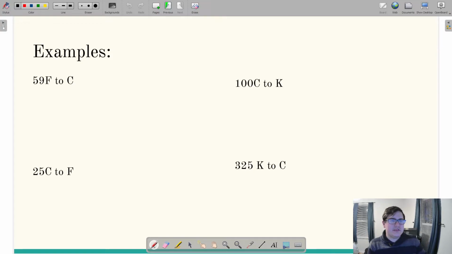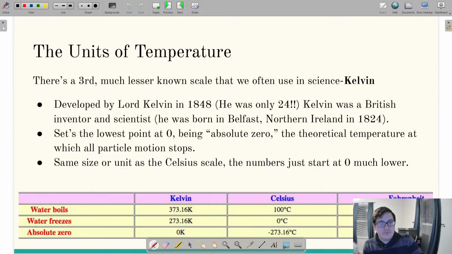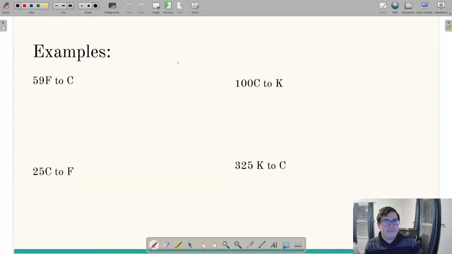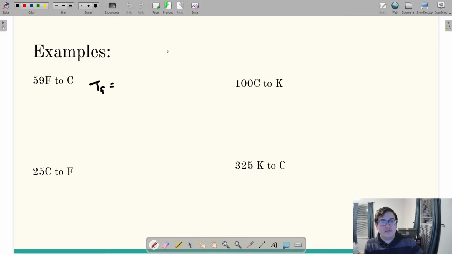Well, this is the first example right here. Go from 59 degrees Fahrenheit to Celsius. So I'm going from Fahrenheit to Celsius. I'm going to use this formula right here. Okay, so what we're going to say is temperature, T sub F for Fahrenheit, equals 9/5 T plus 32.